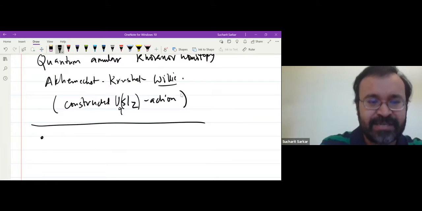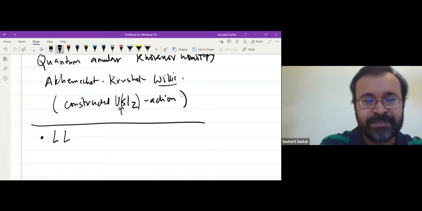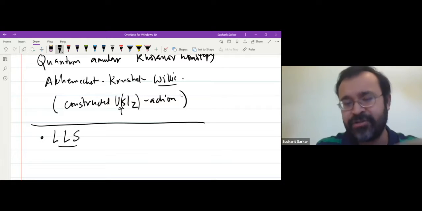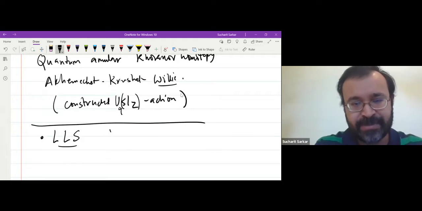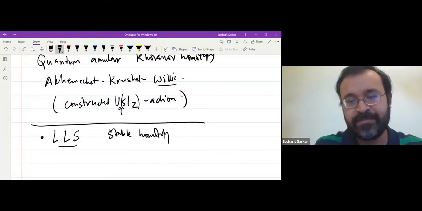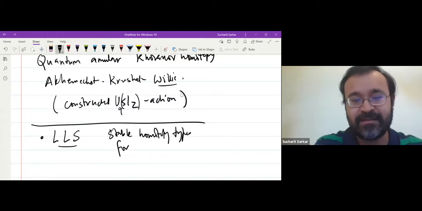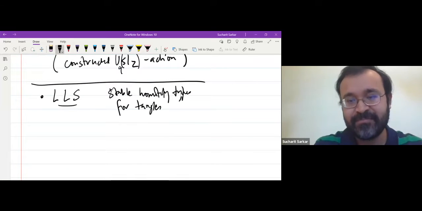So what we have been doing, with Lawson, Lipshitz, and myself, we are also constructing stable homotopy lifts for tangles. So tangles are links with some boundary, you know. So here is a tangle.